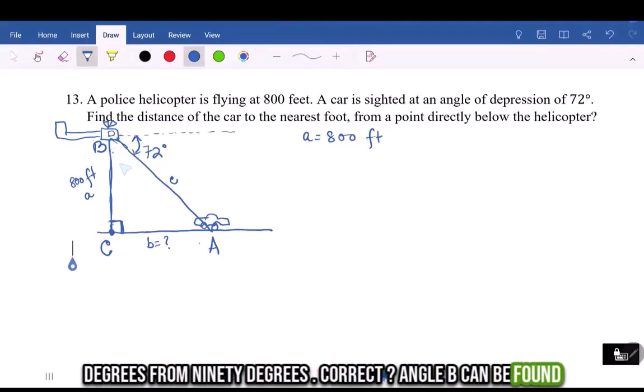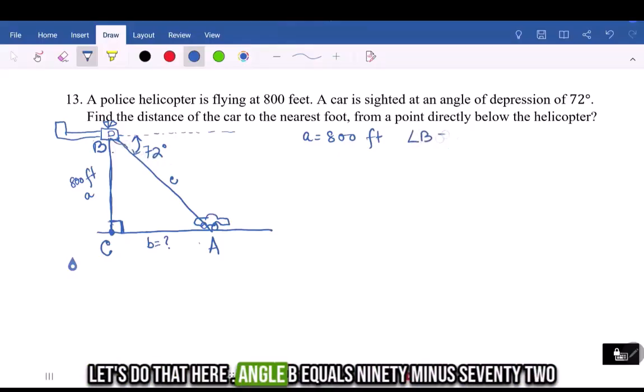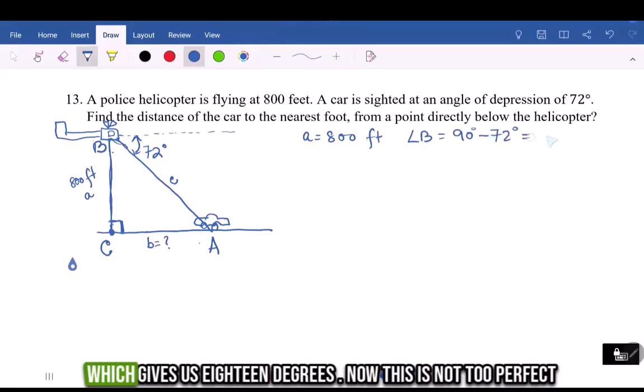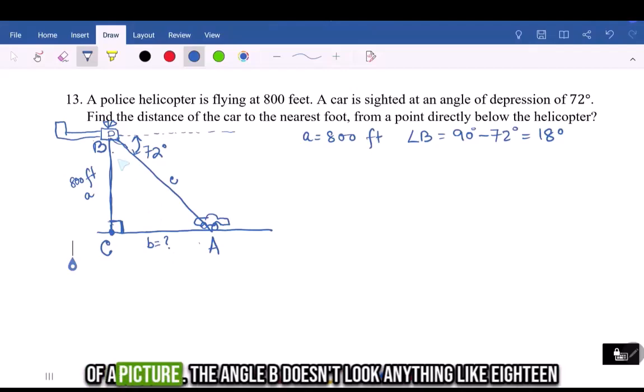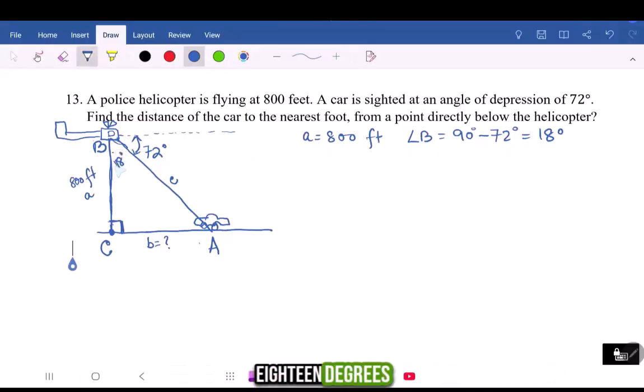Let's do that here. Angle B equals 90 minus 72, which gives us 18 degrees. Now, this is not too perfect of a picture. The angle B doesn't look anything like 18 degrees, but let's just assume it is. So this internal angle is 18 degrees.